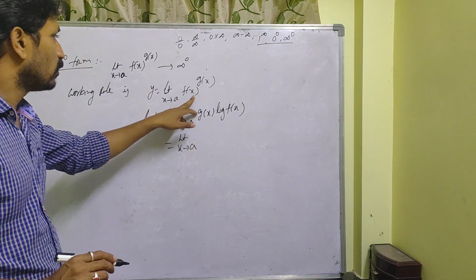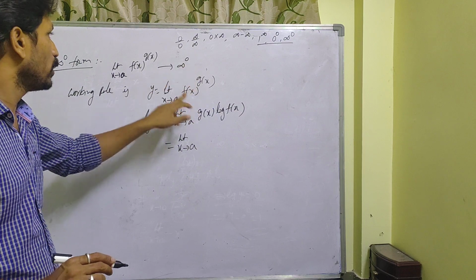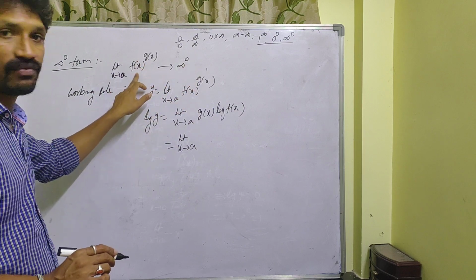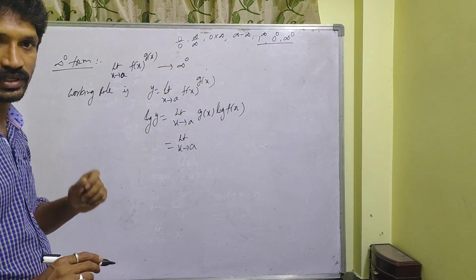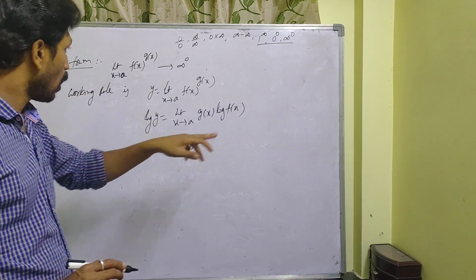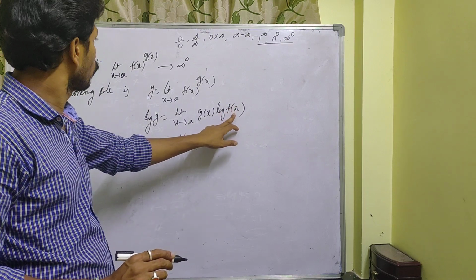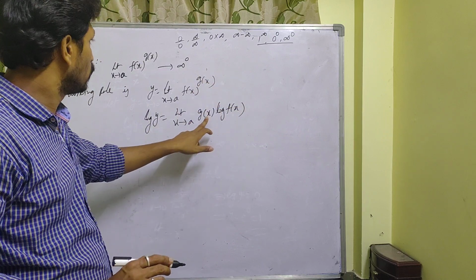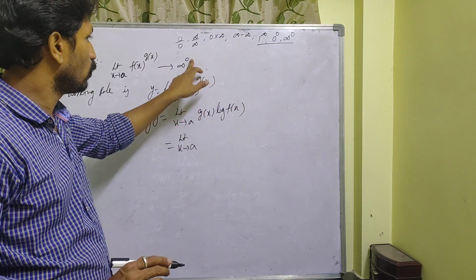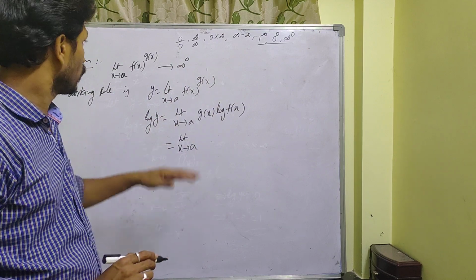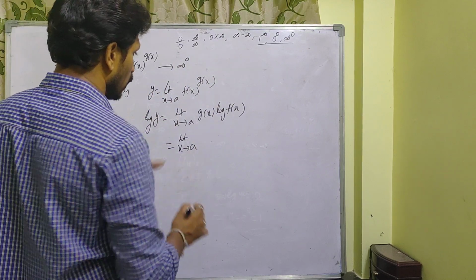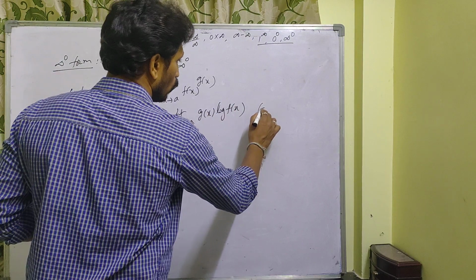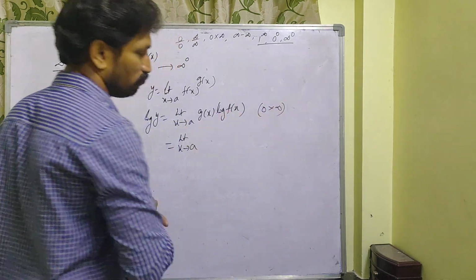Here it becomes infinite power 0, which means f of x is infinite and g of x is 0. So log f of x is infinite, since log of infinite is infinite only. And g of x is 0. That is nothing but a 0 into infinite form.